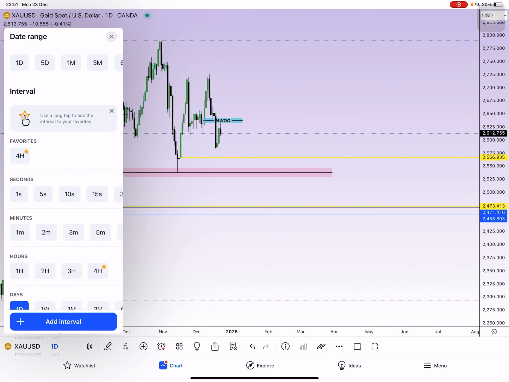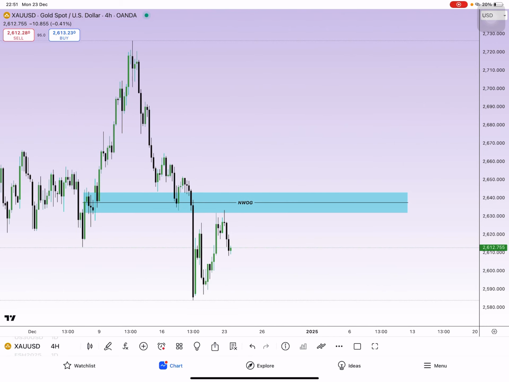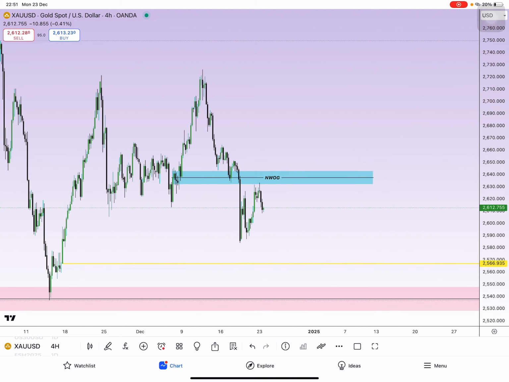So let's look at the 4-hour chart, what it's telling us. It's already started moving lower, but that's not something I would say has already made its final move, it can move again.